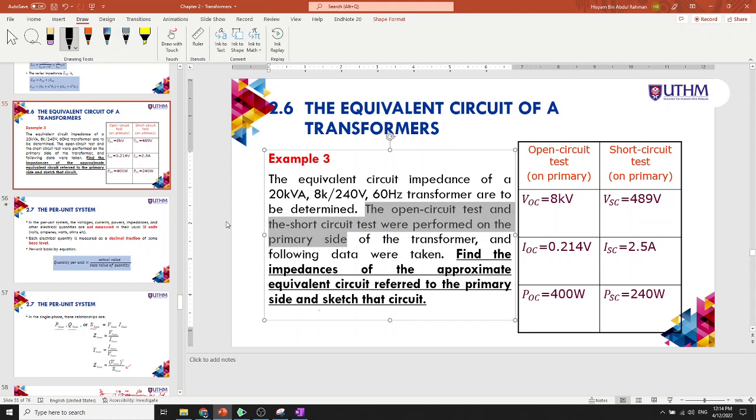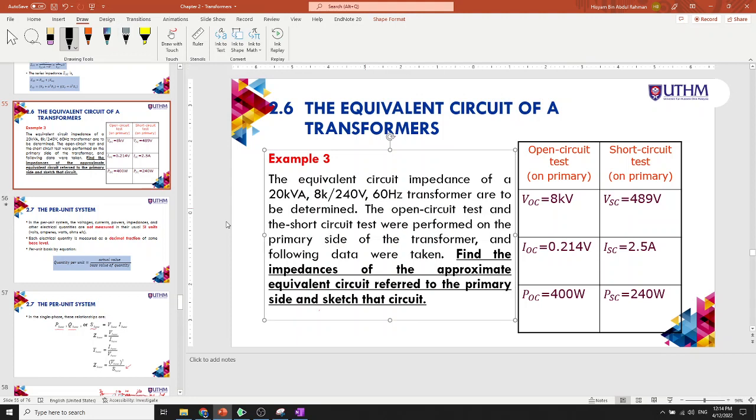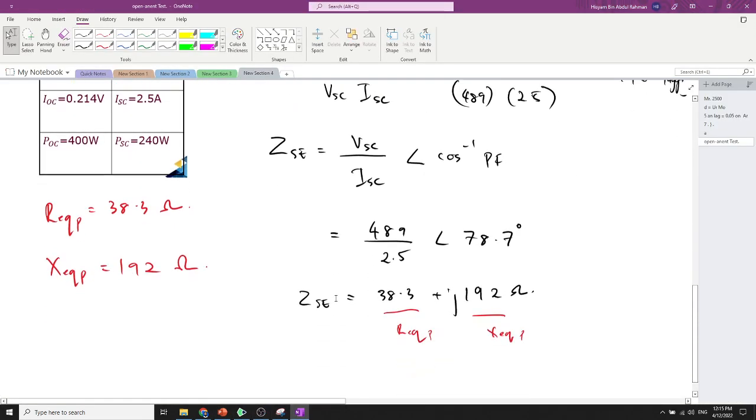If the question mentioned that the test is conducted on the low voltage side, you need to refer here which one is lower, either 8K or 240. So 240 is the low voltage side, or the secondary side. Sometimes the secondary side is higher compared to the primary side. So far faham tak kat sini?